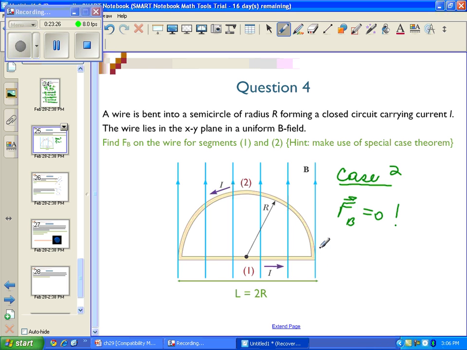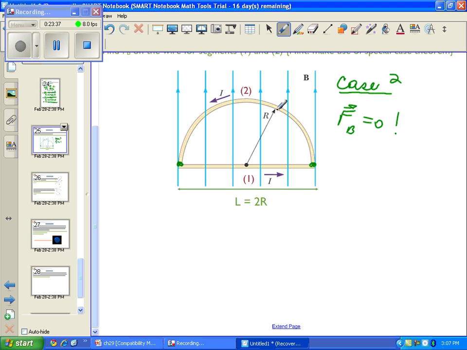Well, let's begin by looking at this region right here where we go from this point to this point along this wire. Case 1 of our theorem says when you have a bent wire, it's as though you have a wire of length L prime carrying current in the direction from A to B, so our current is in this direction, and the magnitude of L prime is 2 times the radius.